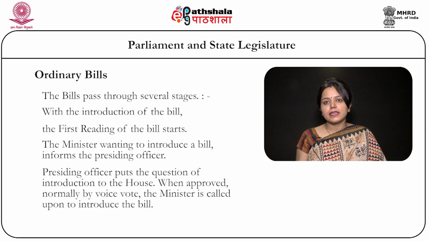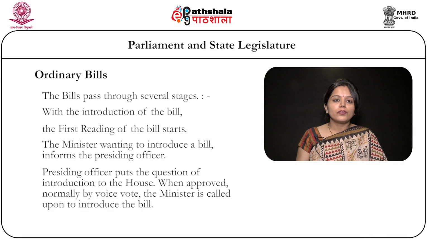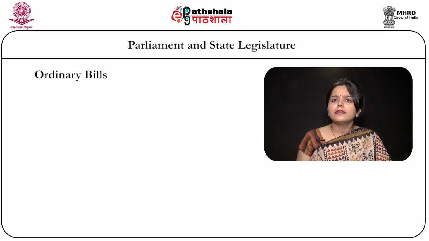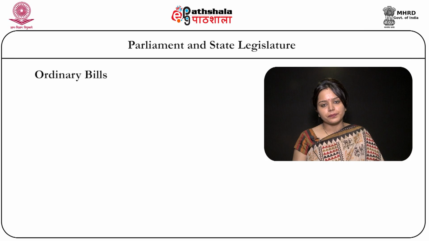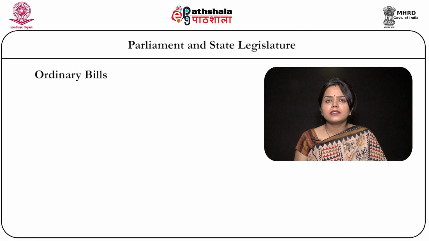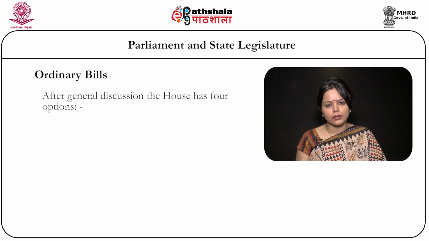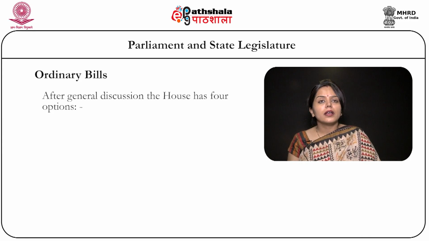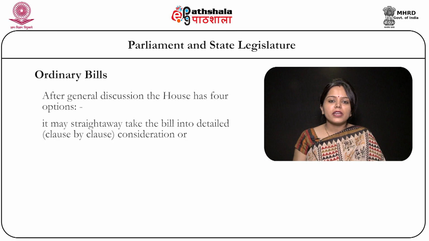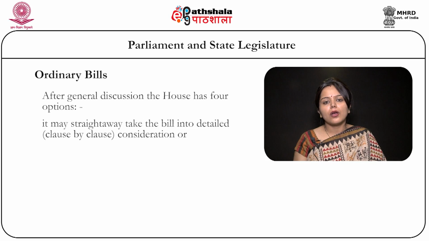After this first stage, where the bill is introduced by the minister and approved by the members present by a simple voice vote, the second stage is the second reading. Here, students, I will emphasize that this reading is the general discussion of the house about the bill, and it gives the house four options. First, it may straight away take the bill into detail, clause by clause, and consider that.